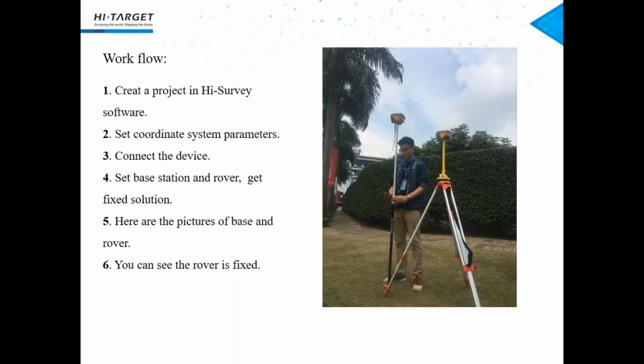Then we set the coordinate system parameters, as I mentioned before. Third, connect the device and set the base and rover. Then after you get the fixed solution, we start the steps of 2D Helmert parameters calculation.